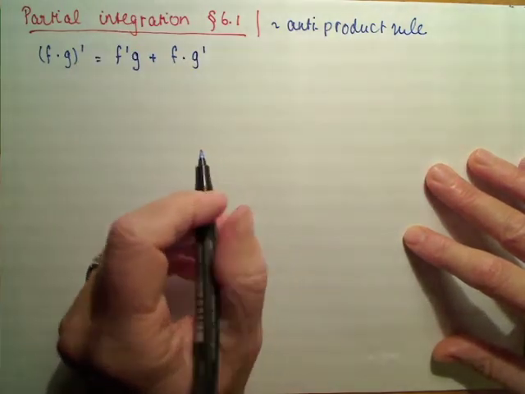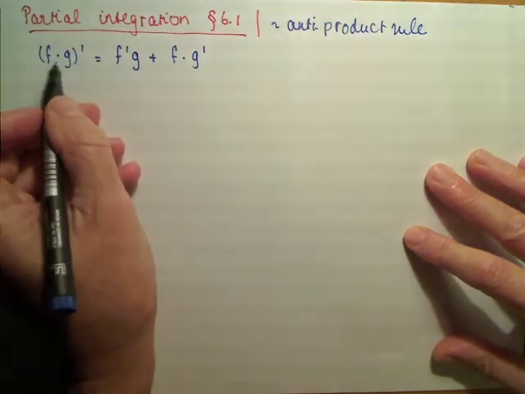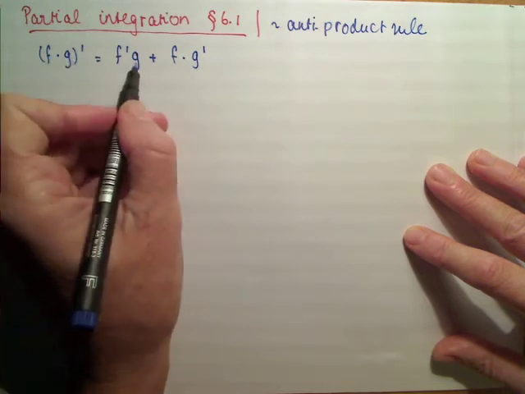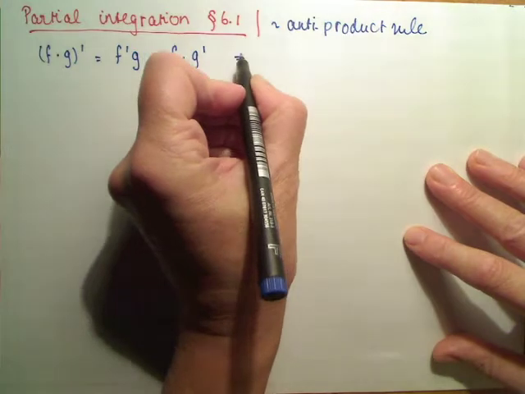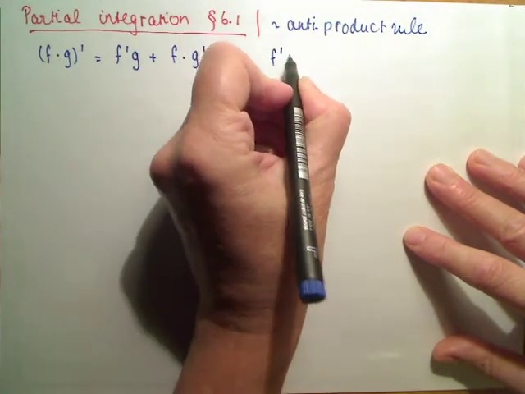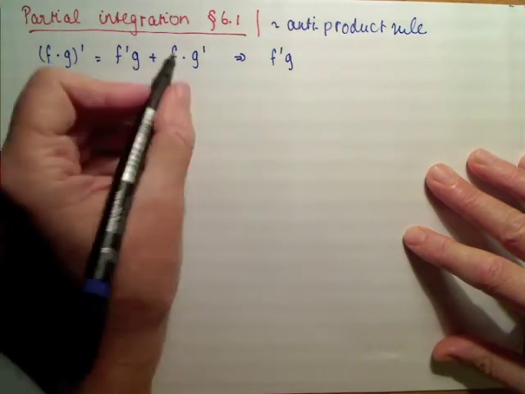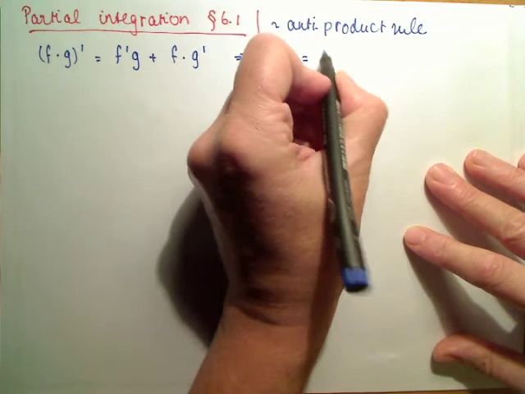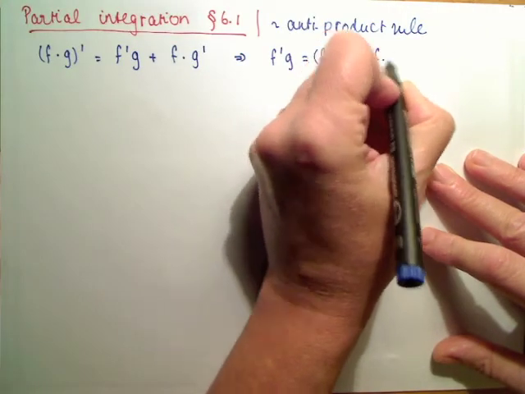An alternative way of expressing this is saying that (f g)' is equal to f prime g plus f times g prime. Now we can rewrite this by taking this term to the left hand side. So we have that f prime g is equal to the derivative of f times g minus f times g prime.